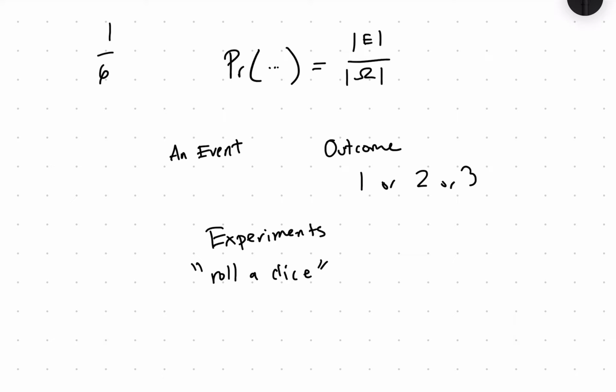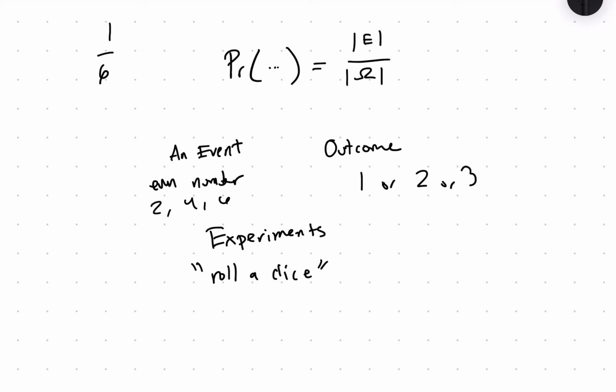And then an event is a collection of outcomes. So it could be rolling an even number. And so there are a few outcomes that match this event, and therefore it's kind of a collection. So it's like a 2, a 4, a 6, right?